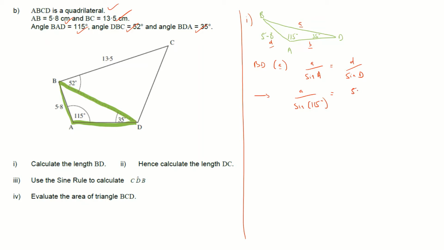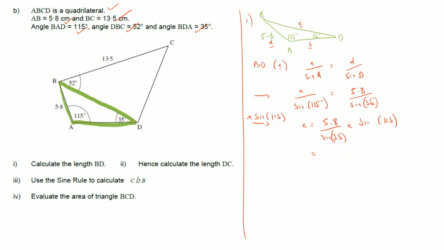So A over sine 115 is 5.8 over sine 35 degrees. To get rid of the sine 115 from the bottom, just multiply by it. So A is 5.8 over sine 35 multiplied by sine of 115.